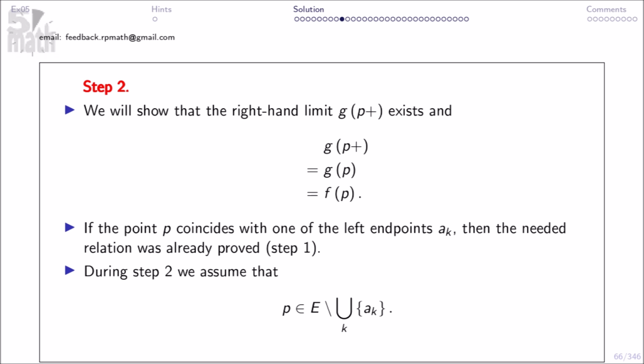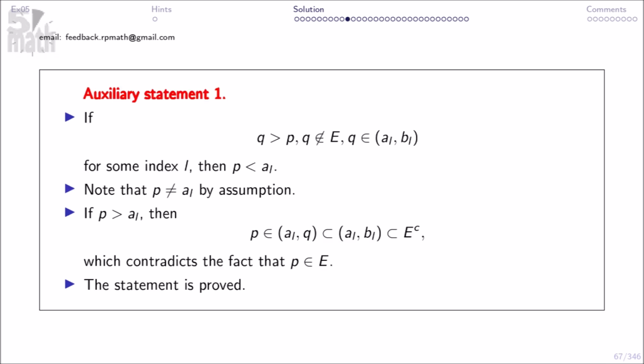During Step 2, we assume that this. Auxiliary statement. If this, for some index l, then p < a_l. Note that p does not equal a_l by assumption. If p > a_l, then this, which contradicts the fact that p is in E. The statement is proved.